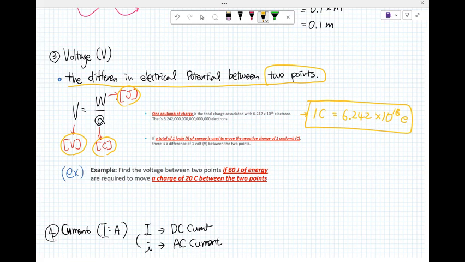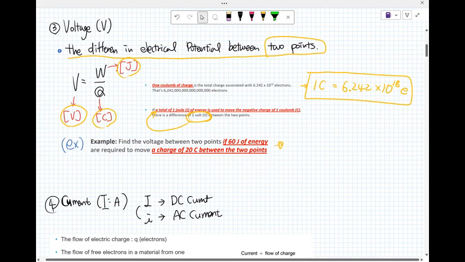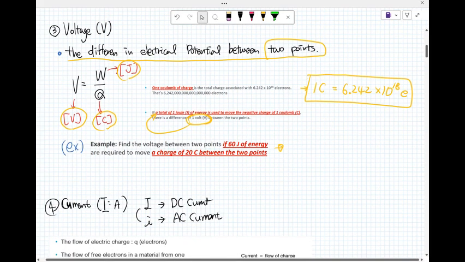So the definition of 1 volt is 1 joule of energy used to move a charge of 1 coulomb, okay? So a really simple example: 60 joules of energy is required to move a charge of 20 coulombs between 2 points. What is the voltage?